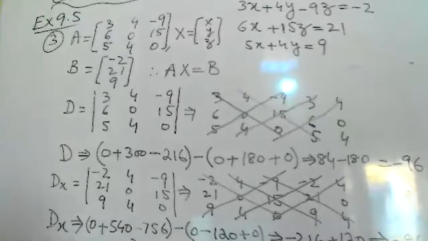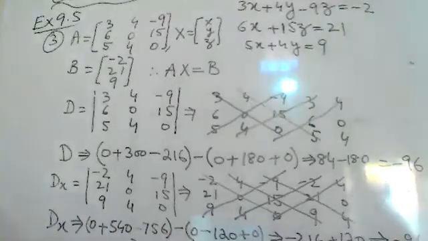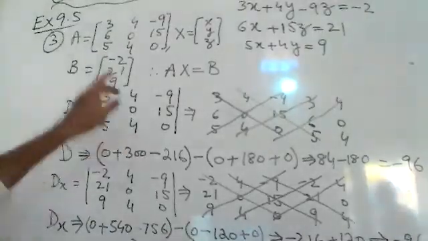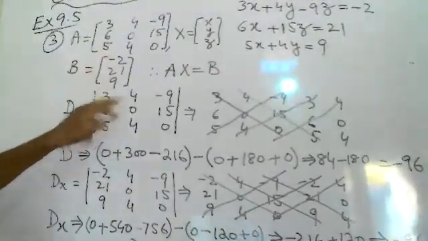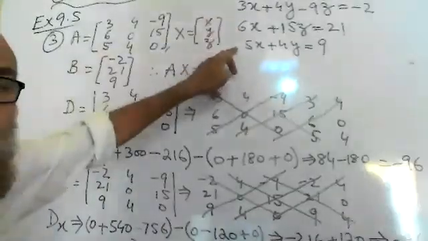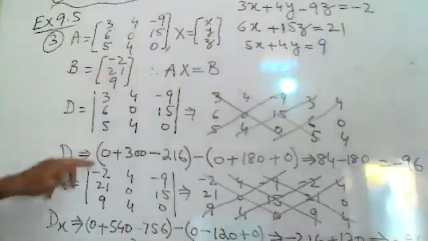After that, we will find dx. Dx is a determinant in which the coefficients of x, 3, 6, 9, are replaced by the constants minus 2, 21, and 9.